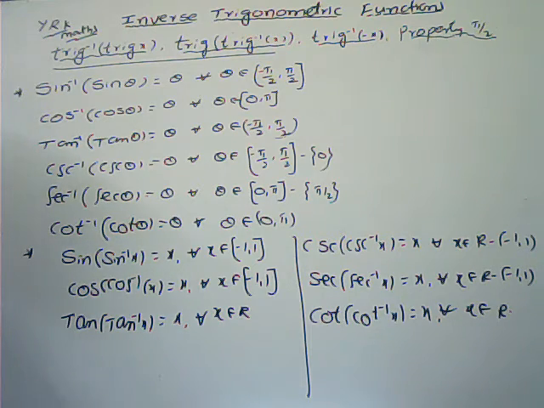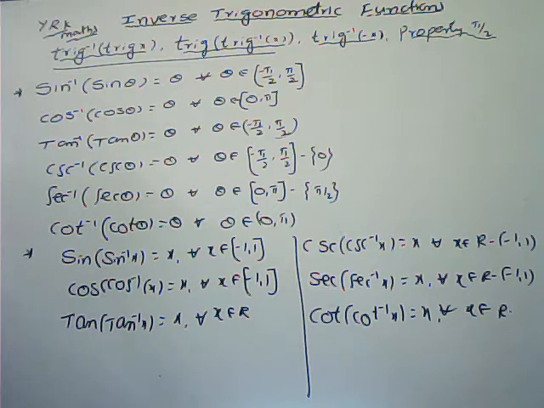Here, if f is the bijective function and g is the inverse of f, as I explained previously, f circle g of x equals g circle f of x equals the identity function, f of g of x equals x, f of f inverse of x is equal to x, and f inverse of f of x equals x only.